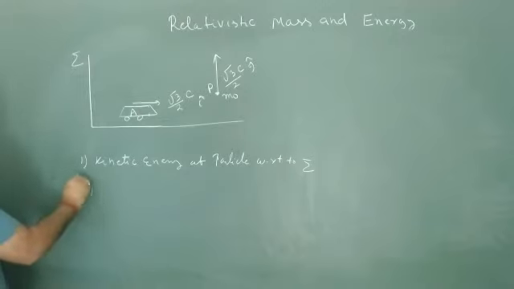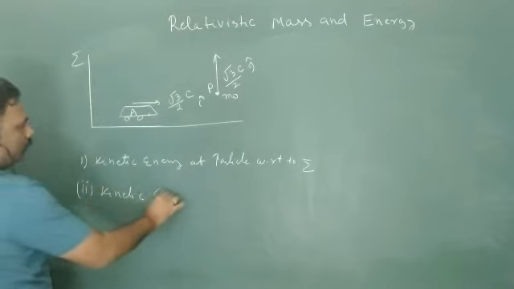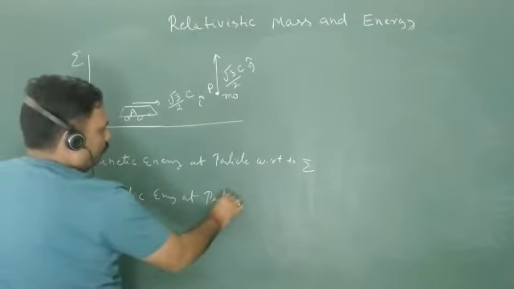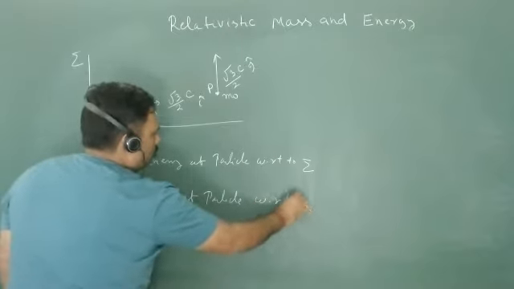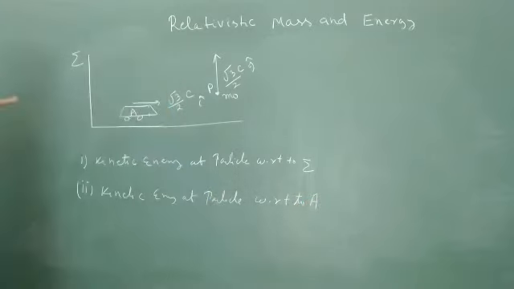Second, we have to calculate the kinetic energy of the particle with respect to A. A is your car, which is moving in the x direction with respect to sigma.